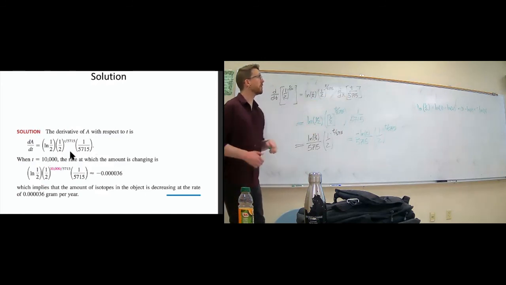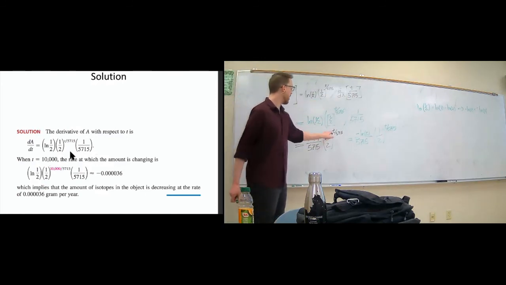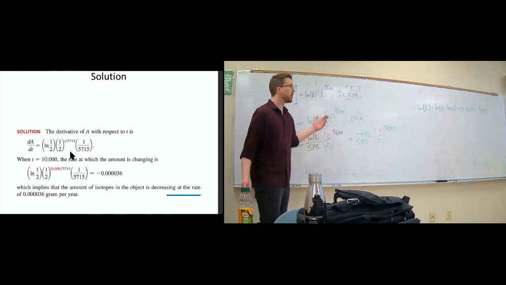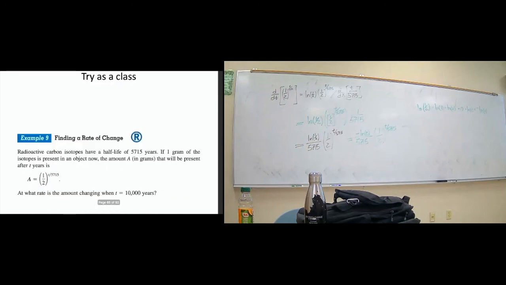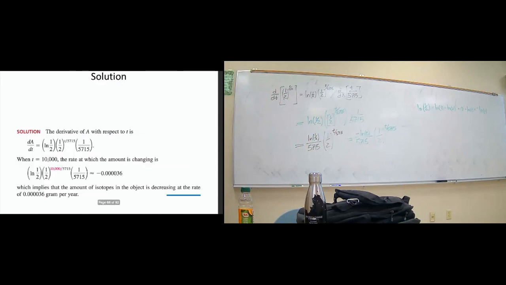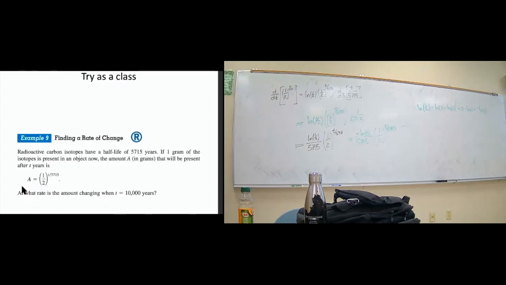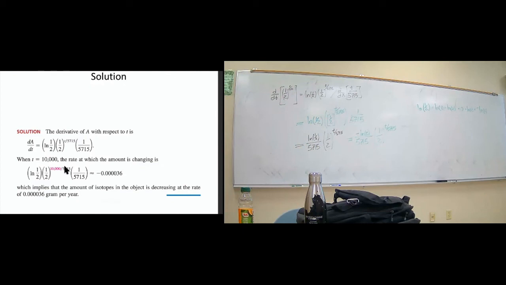And then, like I said, to solve that last question, they just plug in 10,000, which comes out to be a tiny decimal that I was not about to even pretend to know. For all intents and purposes, that's 0 to me. So what this is saying is after 10,000 years, the amount of carbon that you have isn't changing very much anymore.